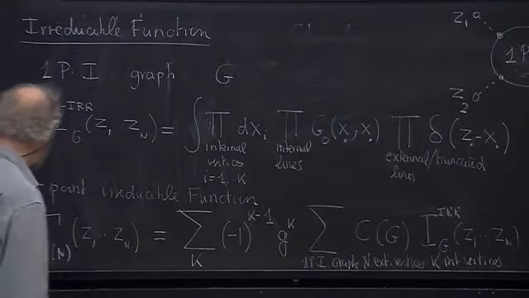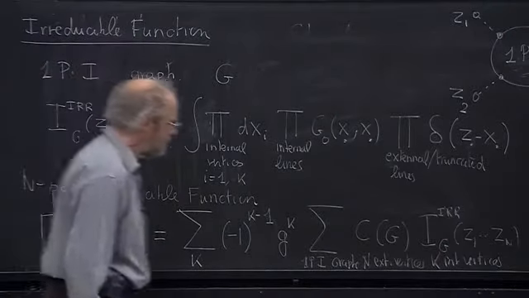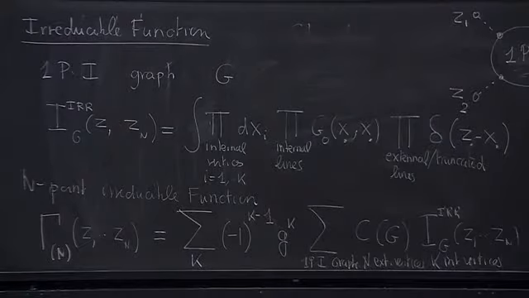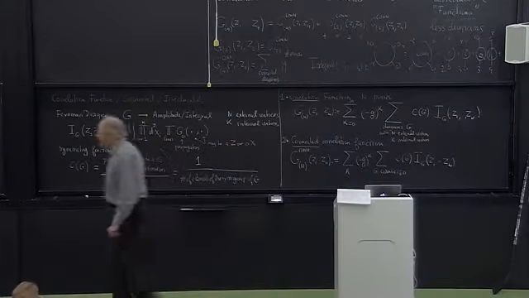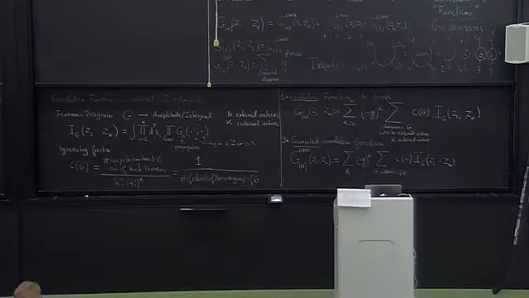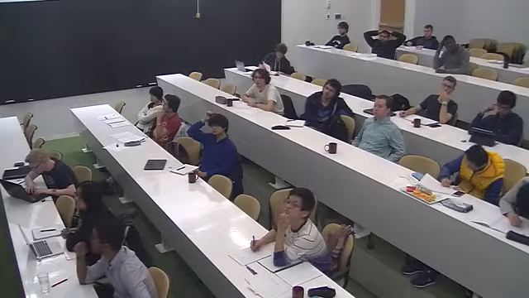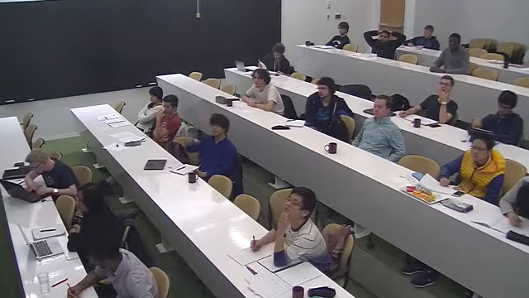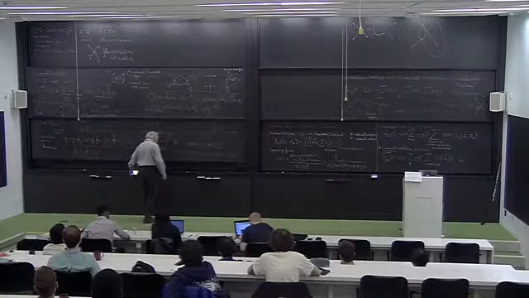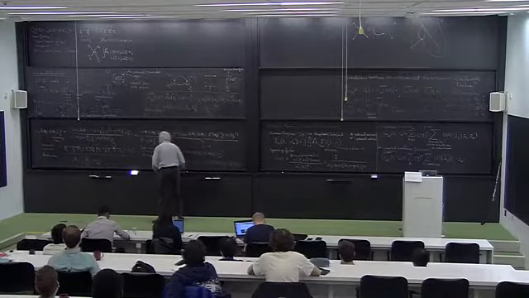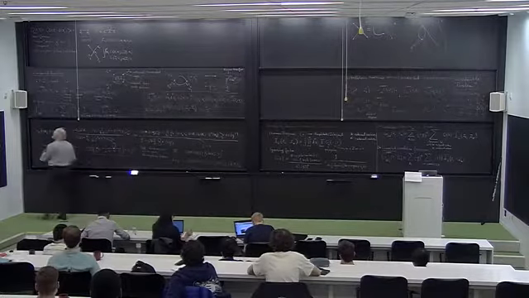The reducible function is called gamma. And this works for everything, except, and that's an important point, except for the two-point function.